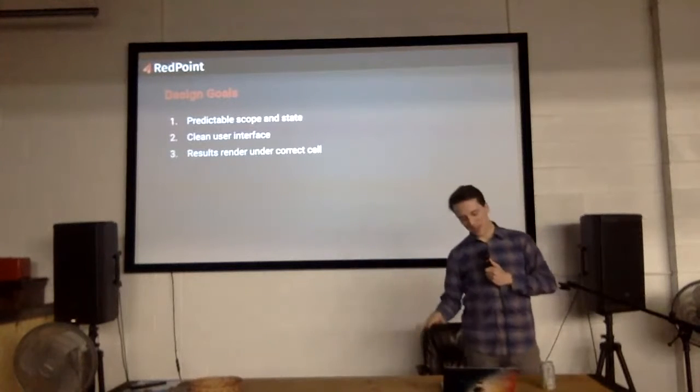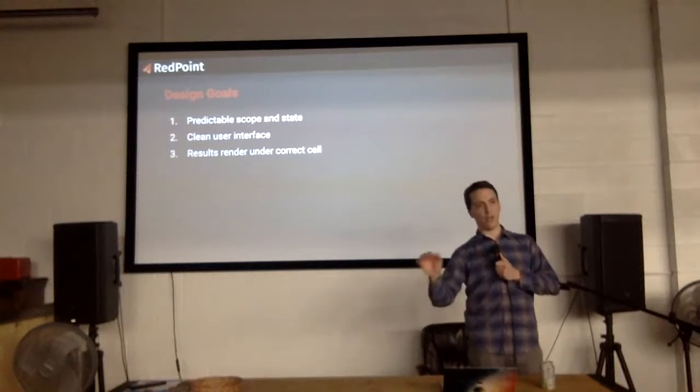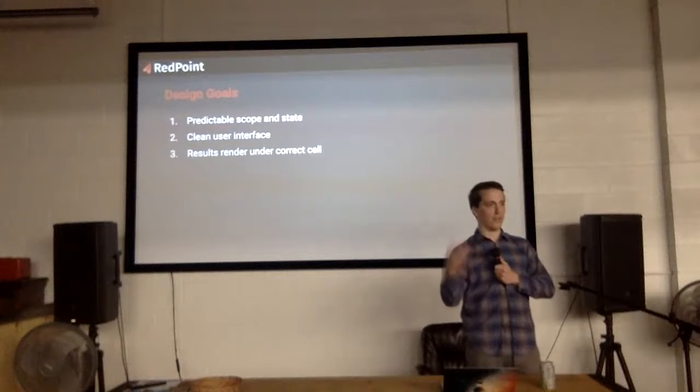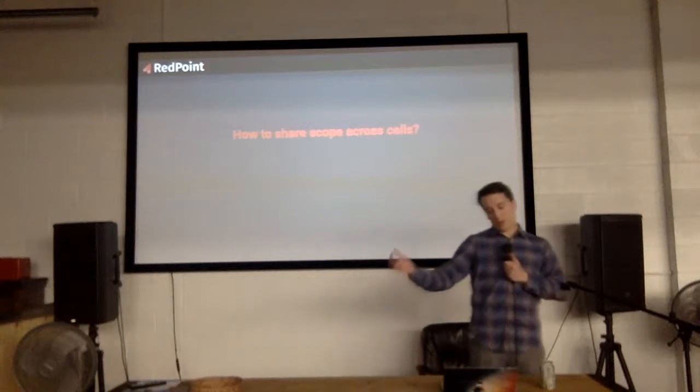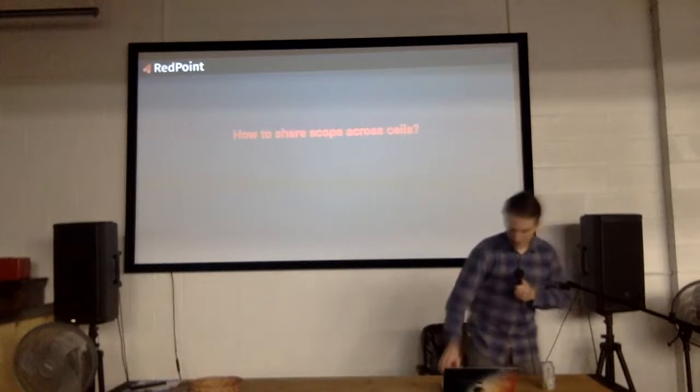So we wanted a top-down scope and state, and a clean user interface where we render results under the cell responsible for that piece of feedback off that code's execution. So the first question is, how do we share scope across multiple cells of a given language?